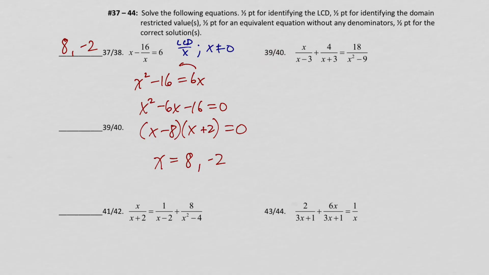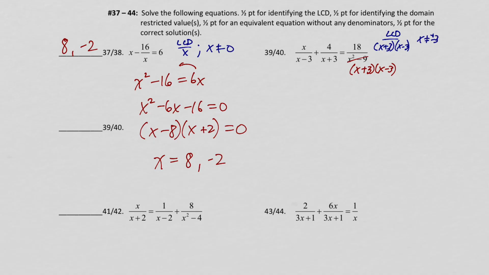For this one, we got to make sure to factor everything. This can't factor, that can't factor, but this is the difference of two squares. So x plus 3, x minus 3. So the LCD is that. And then x cannot be equal to plus or minus 3.